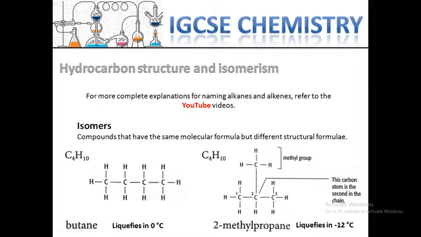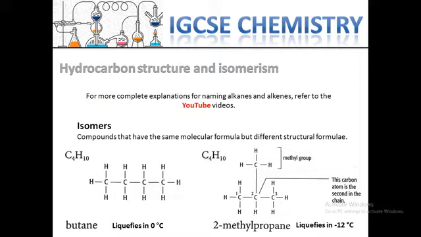If you look carefully at the temperature at which they can be liquefied, you can see that butane liquefies at 0 Celsius, and 2-methylpropane liquefies at minus 12 Celsius. So there is a difference between these two structures.